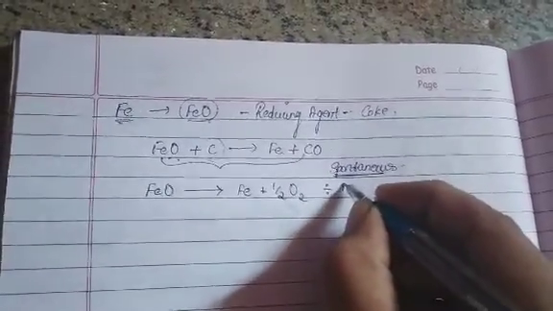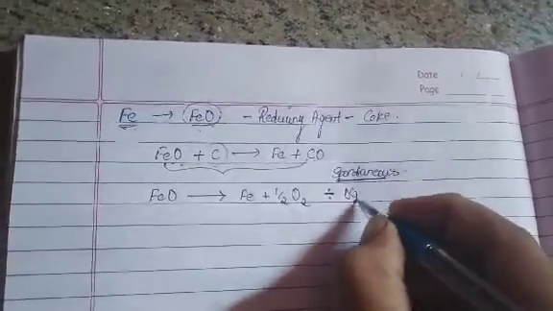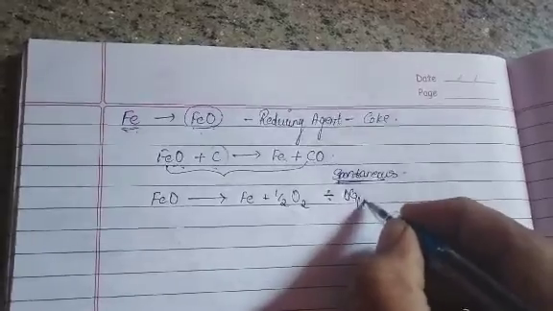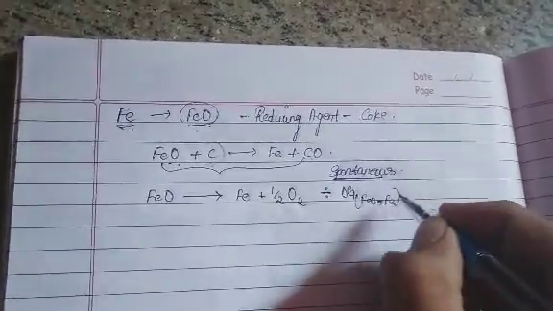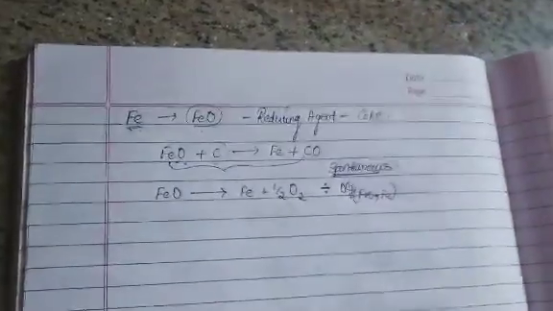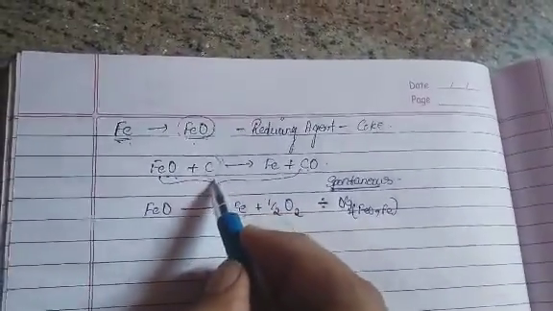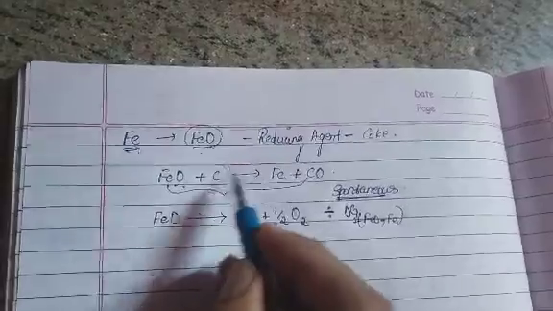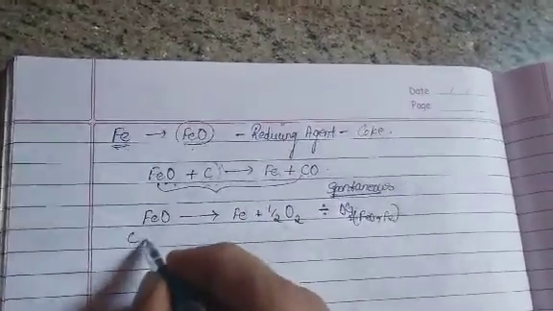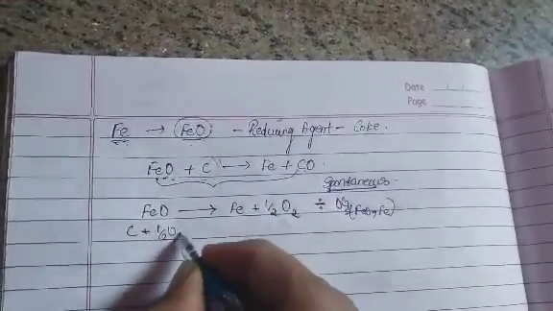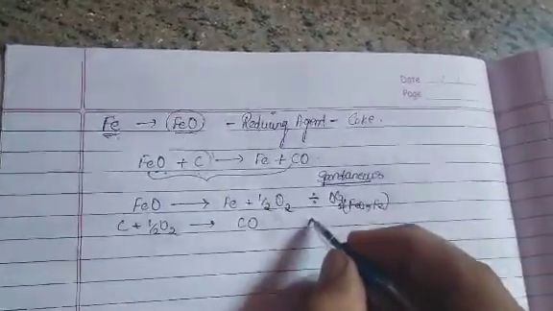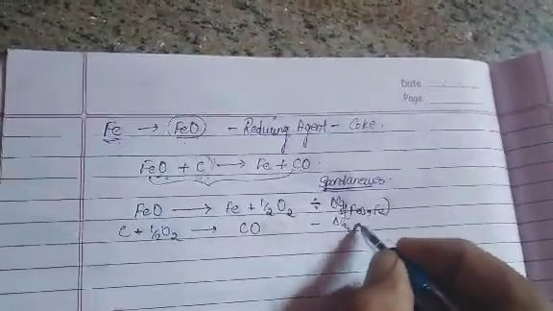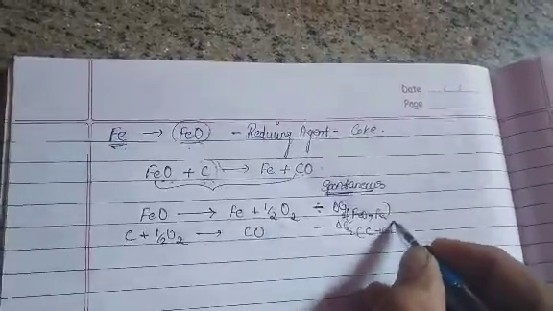Let me take the delta G for FeO to Fe as delta G1. Similarly, the other reaction is the oxidation of the reducing agent, that is C plus half O2 giving CO. Let us take this as delta G2, that is from C to CO.